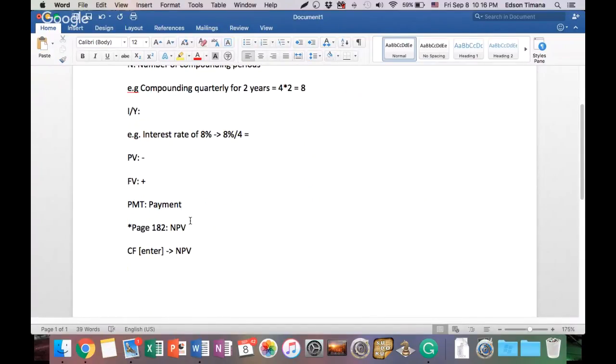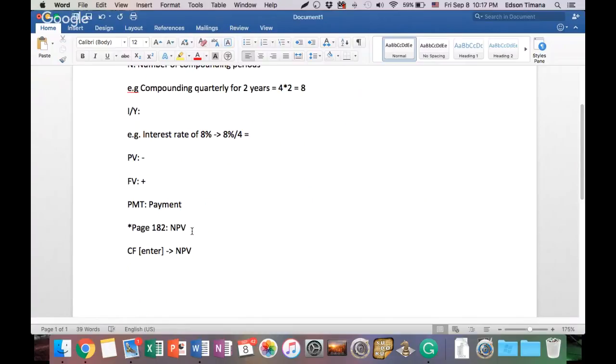Also, on page 182, there's a problem that goes over the present value of an uneven stream and perpetuities. Okay, and LO4 specifically goes over a problem like that.